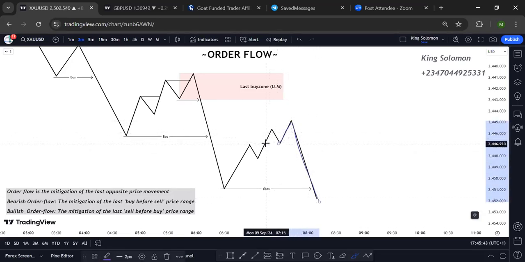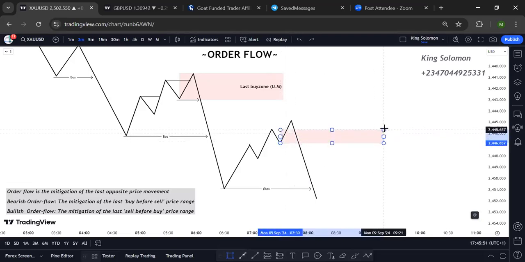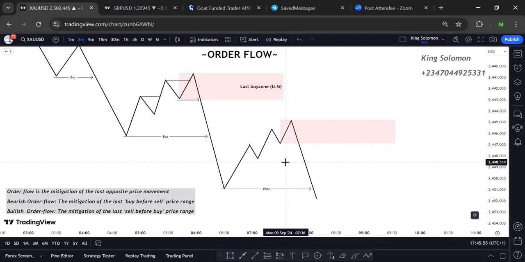But then marking this out as your last buy zone would have been pretty valid, but it won't be valid because, and only because, there is an unmitigated order flow zone just above the new one, right?